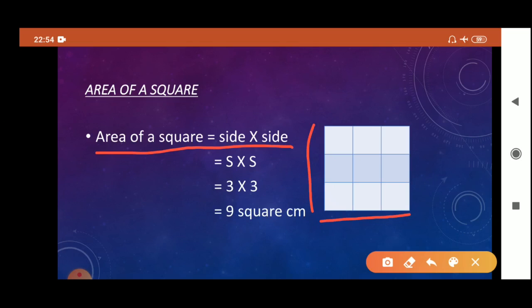So, in short form we can write S multiplied by S. Here the side is given 3 centimeter. So, I have written 3 multiplied by 3. So, we will get the answer 9 square centimeter. So, the area of the given square is 9 square centimeter.